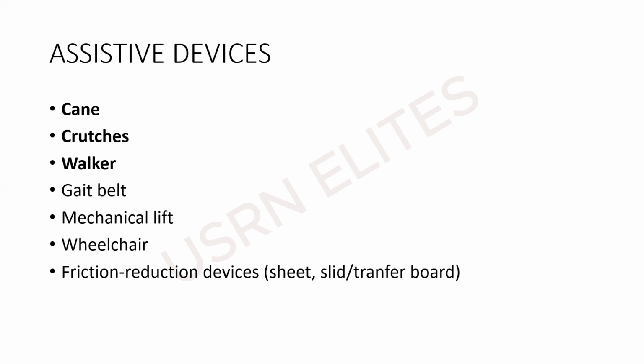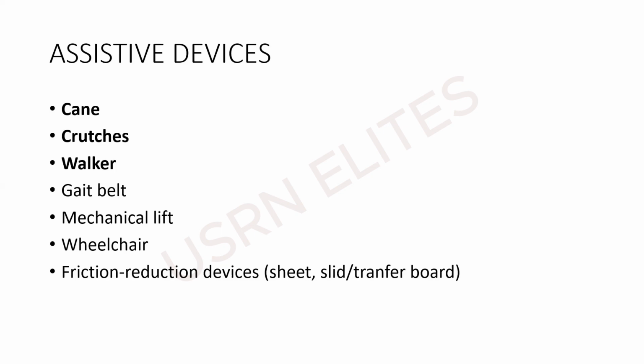Fractures, accidents in the house. So we need assistive devices when the patient is going home. So we need canes, crutches, walkers, depending on the patient's strength. We need gait belts. We need mechanical lift. We need wheelchair. All right. We need friction reduction devices.